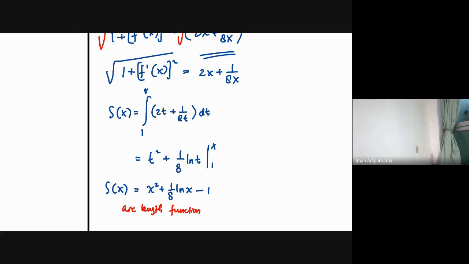But if the question is asking for the definite number of the arc length, maybe the integration is not from 1 to x, but some definite interval. So that's the direct approach. Okay, the direct approach.